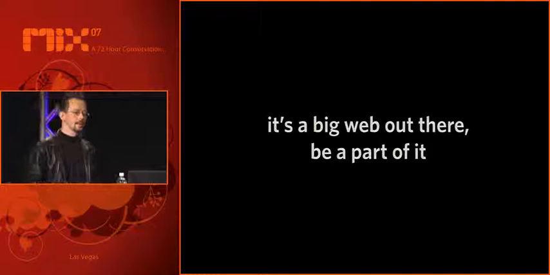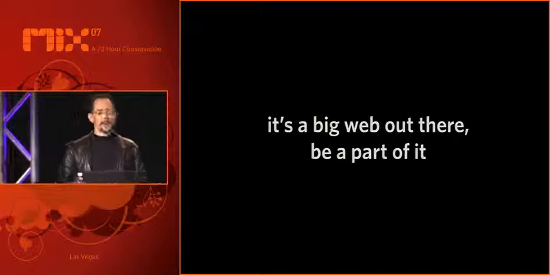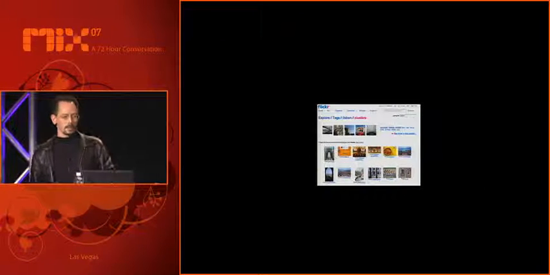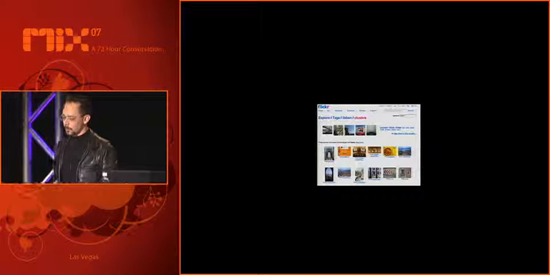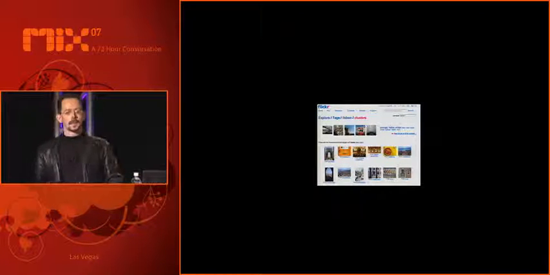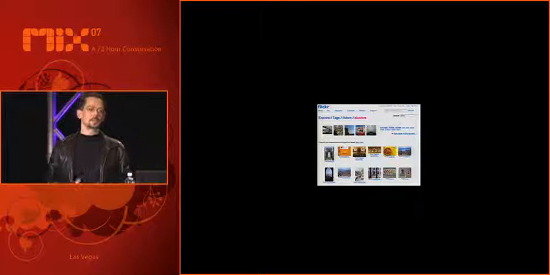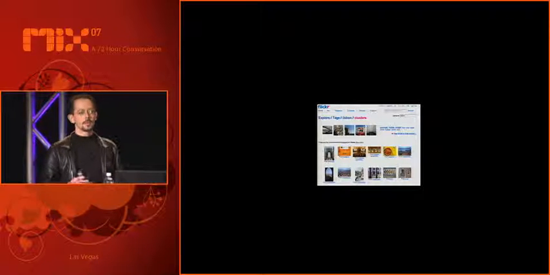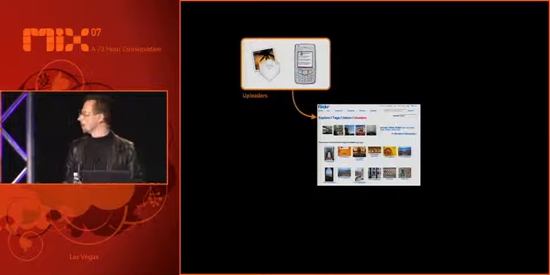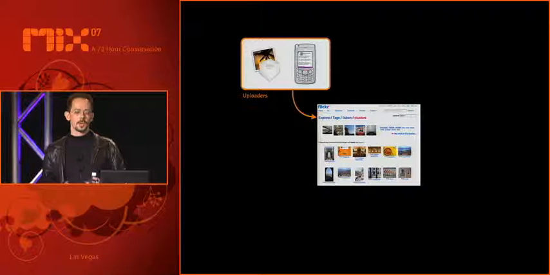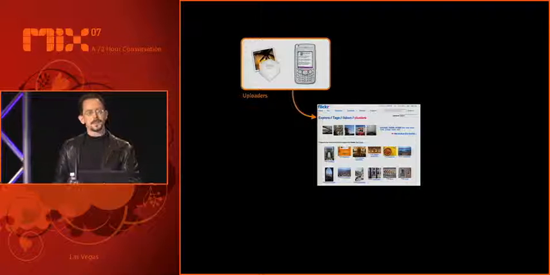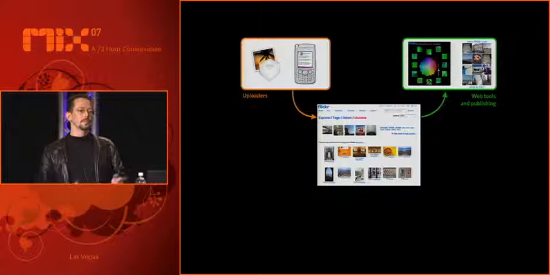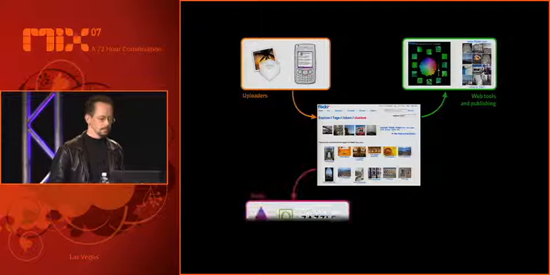We see this playing out in the current trend for open APIs, providing interoperability among web applications. One of the best examples of this is Flickr. In recognizing their place as part of the larger web and the need to interoperate with a wide variety of other services, they've established opportunities for other people to connect into their service, to provide ways for desktop software and camera phones to get photographs into Flickr, and ways to get photos out of Flickr using a variety of web-based and publishing tools.